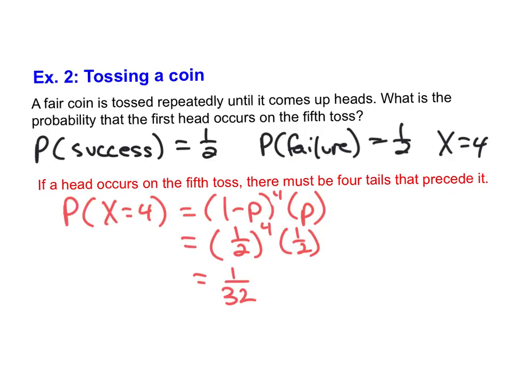So the probability is 1/2 to the power of 4 for my first 4 losses, times the probability of winning, which is 1/2. Because we're tossing a coin, the probability of winning and losing is the same, so this is just 1/2 to the power of 5. So the probability that the first head occurs on the 5th toss is 1 in 32.